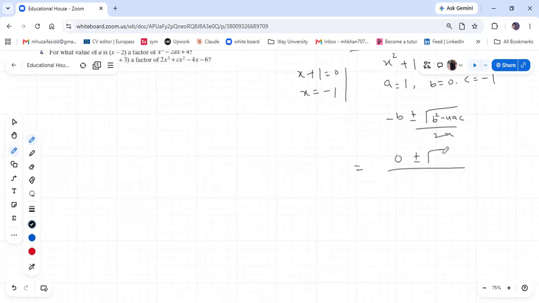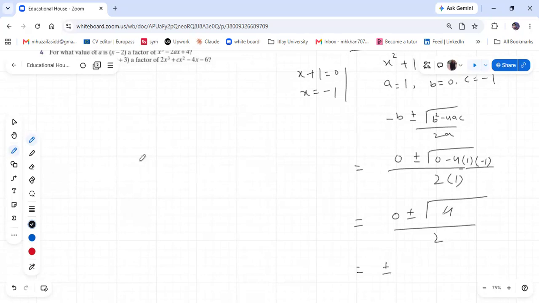This is minus 4 times A times C, this is minus 1, and this is 2 times A. So this is 0 plus minus, minus minus is plus 4. So plus minus square root of 4, which is 2, divided by 2, cancels out.